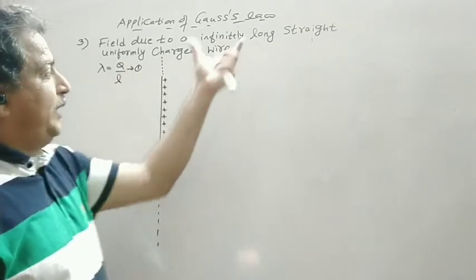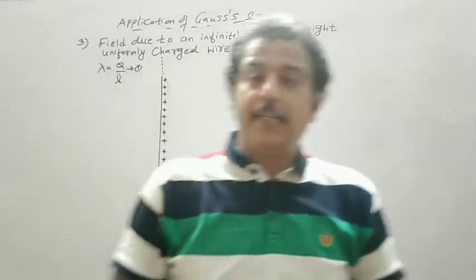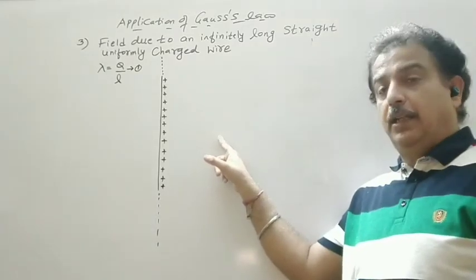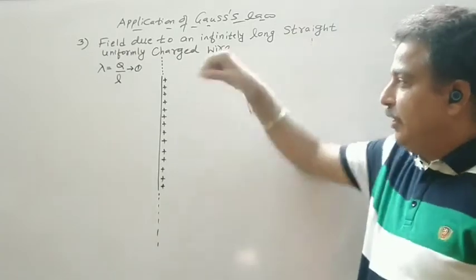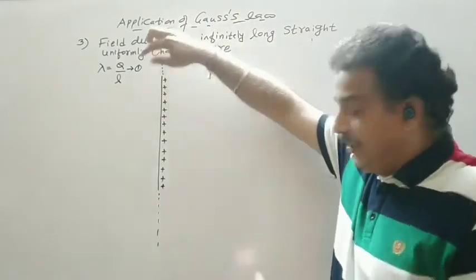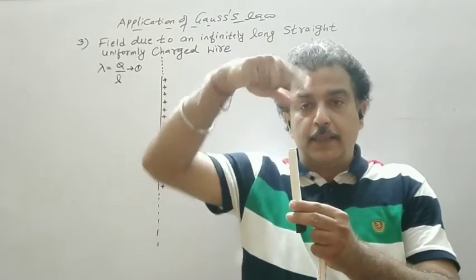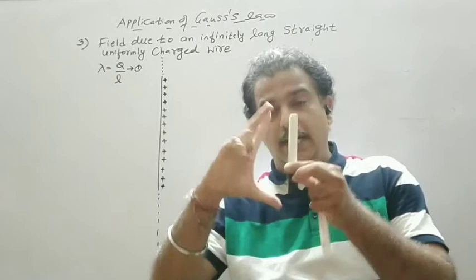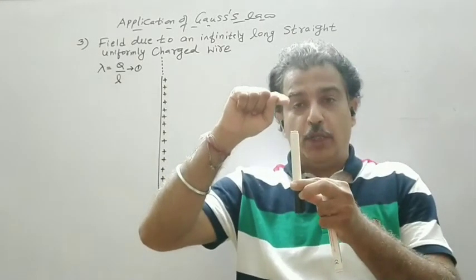Now you have to apply the Gauss law and find out the electric field intensity at a point P which is normal to the wire. Now there is no use to find out the electric field intensity at this end point. It will be zero because the field lines will not come out, as the wire is infinitely long. If this wire is finite, then you may get an electric field intensity at this point.